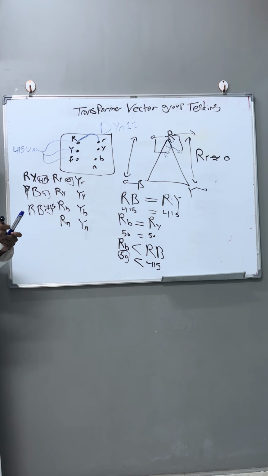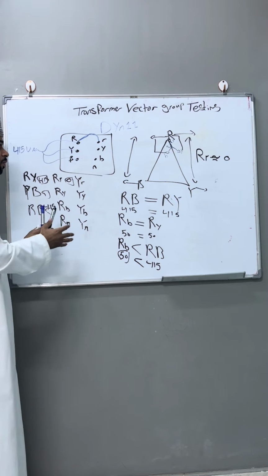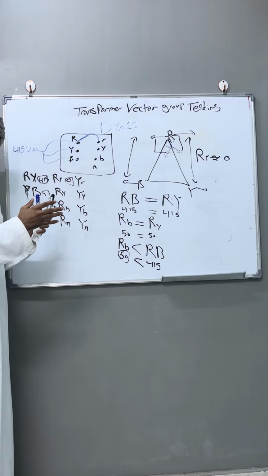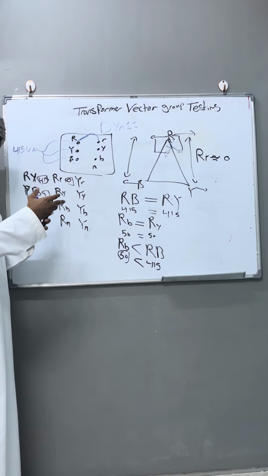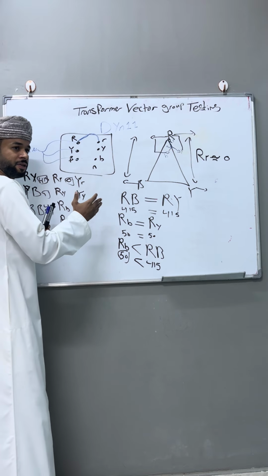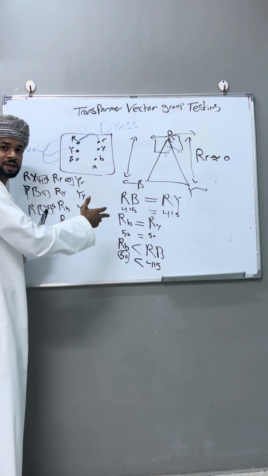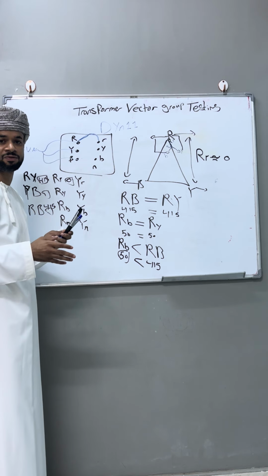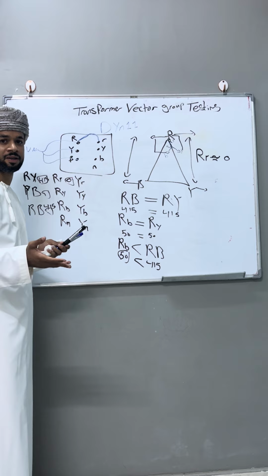This is how we test the vector group of the transformer, and this is how we check that the vector group is Dyn11. If you have two power transformers and their results are different, that means one of them has a different vector group.